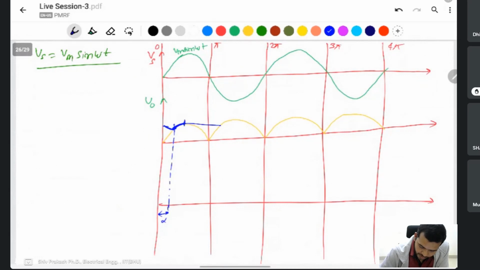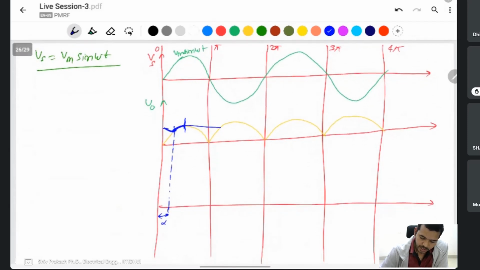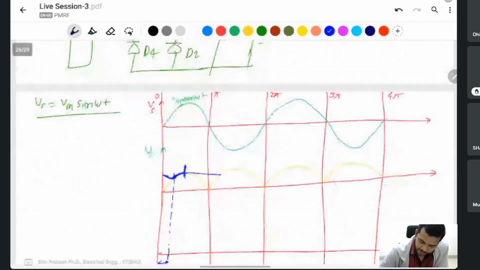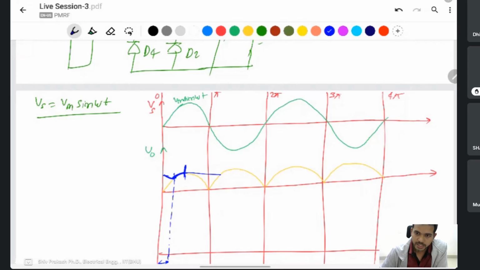When the capacitor is charged here, this is the peak value of the source voltage. It means the capacitor will charge to this peak voltage. When the supply voltage decays from peak to 0, the capacitor is charged and the capacitor voltage is greater than the source voltage.